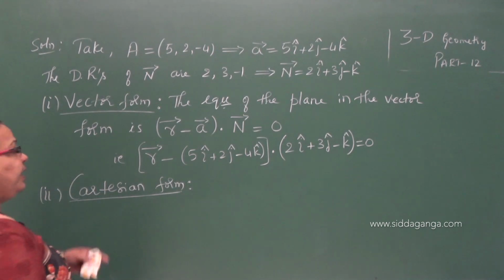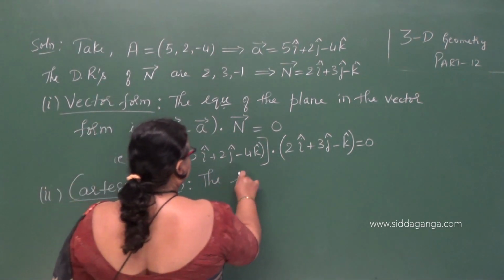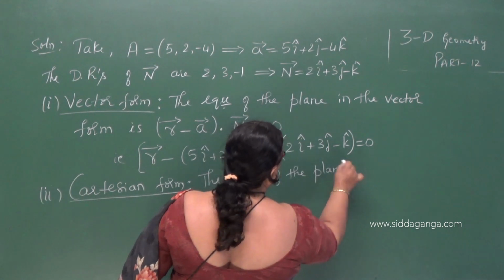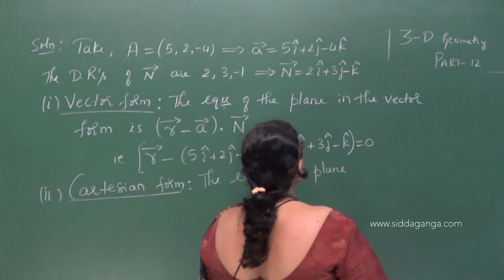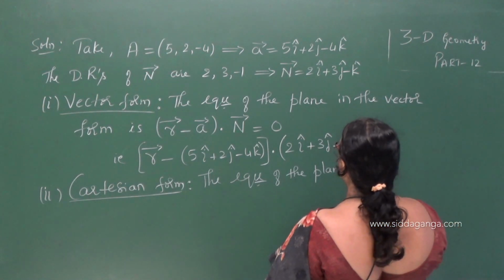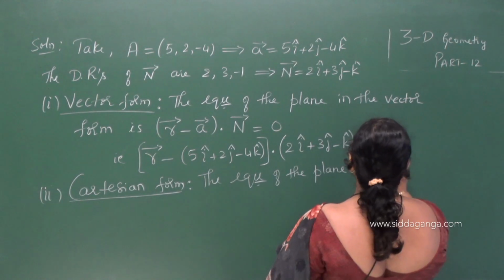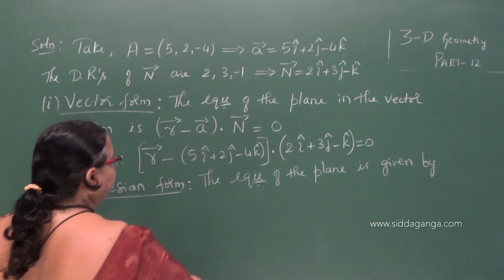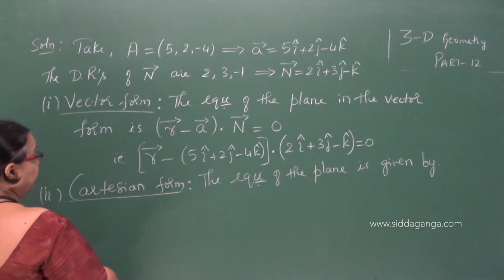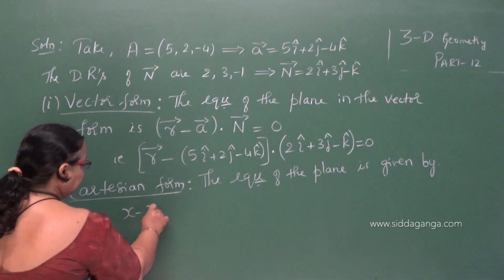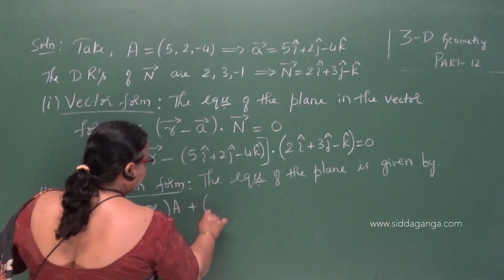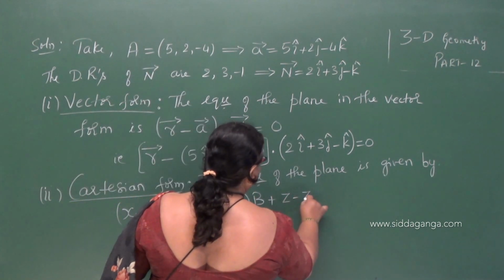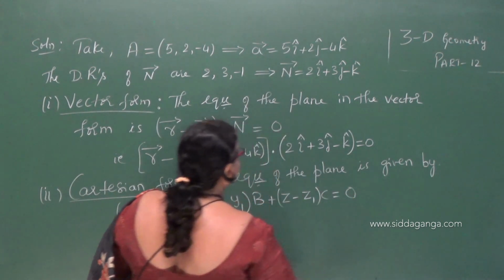The equation of the plane is given by (x minus x1) into a plus (y minus y1) into b plus (z minus z1) into c equals 0.